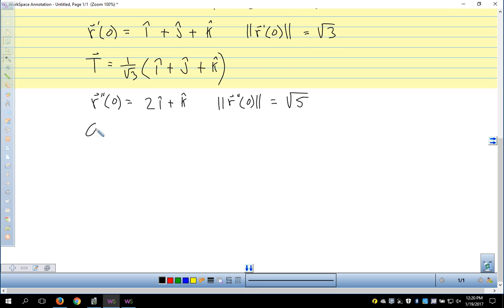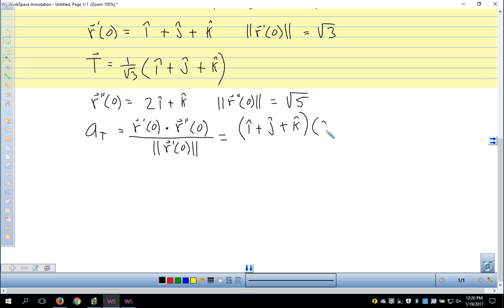So our tangential component of acceleration is going to be r prime at 0 dot r double prime at 0 over the magnitude of r prime at 0. And for that we get i plus j plus k dot 2 i hat plus k hat.